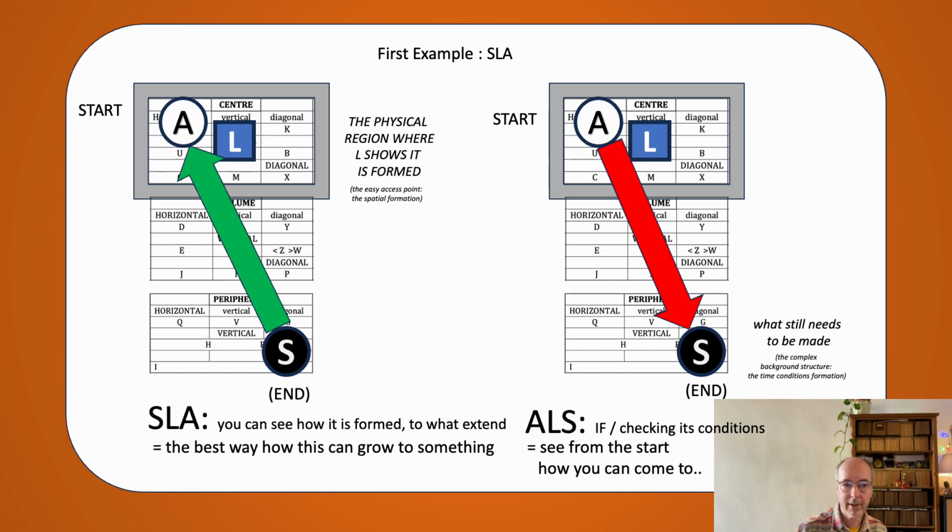So if you use then the first word that I will explain very shortly, it is SLA, or salad, or the vegetable as well. I forgot to look up how it's in English. And then the opposite, als, you can also place on this structure.